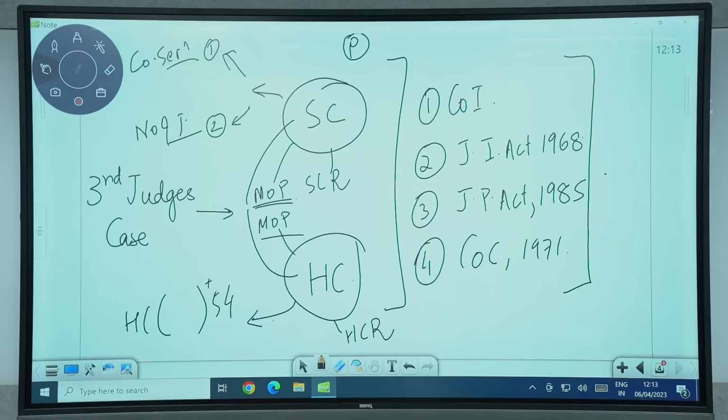High Court. Okay? In addition to this, there are two laws that have been made only for the Supreme Court, a separate law for salaries, a separate law for the number of judges. Right? So, the number of judges is the 1956 law, the 1958 law is the salaries and conditions of service.